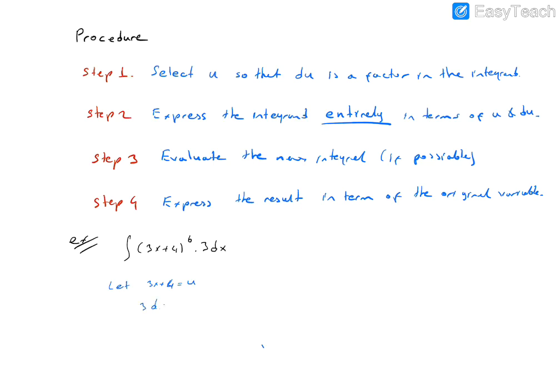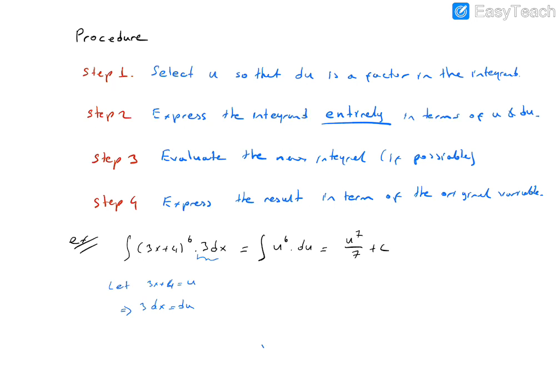So 3 dx will be du. As you see, 3 is a factor of the integrand. So this integral can be written in the following form: u to the power 6 times du. And easily you can calculate this integral: u to the power 7 over 7.